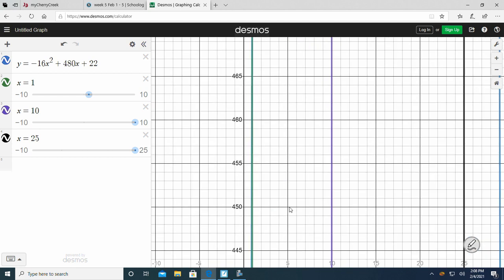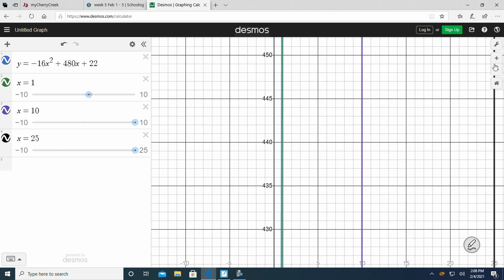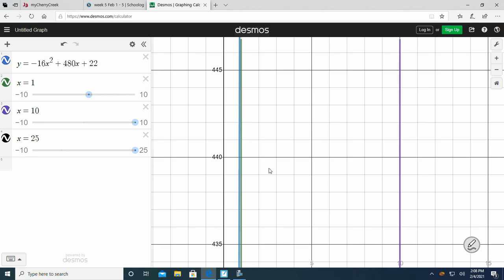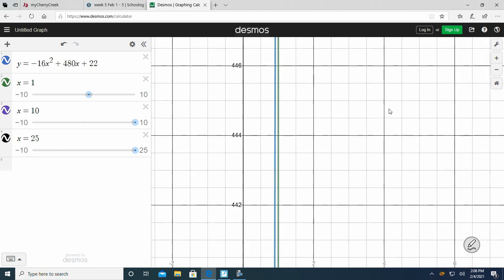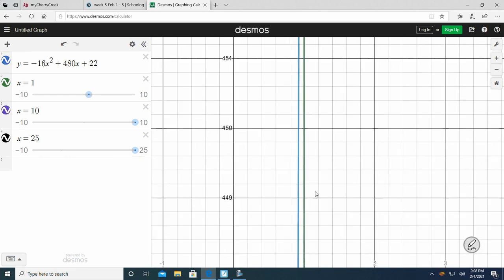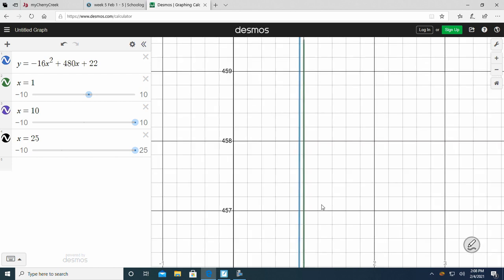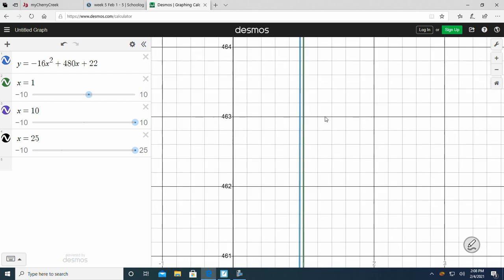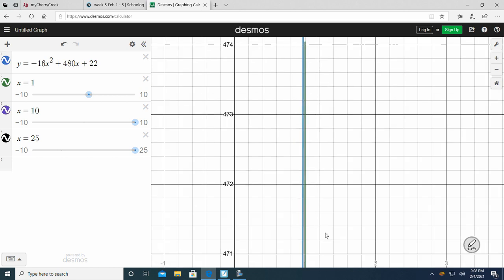Okay, so looking here, I'm going to zoom in on this a little bit, on the green and the blue. Right now, where the green crosses the blue, it appears to be getting closer.